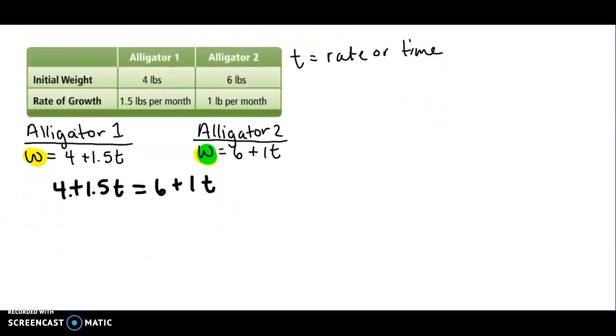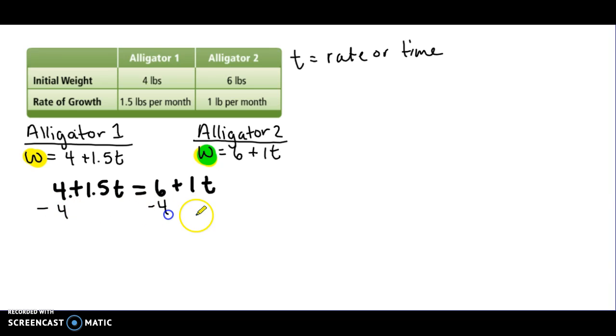So let's solve this out. First, I want to make sure that my variable is on one side and my whole numbers are on the other. So let's make our variable be on the left side this time. By doing so, I'm going to subtract 4 on both sides. That means that these two items cancel, and I'm left with 1.5t equals negative 2 plus 1t.